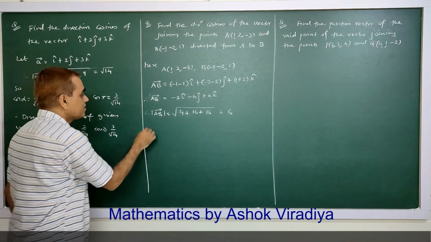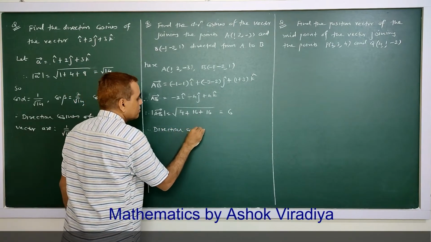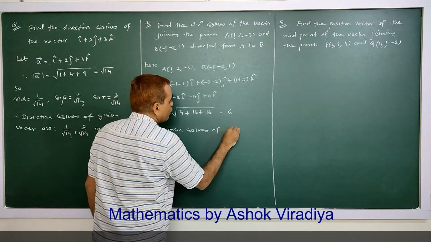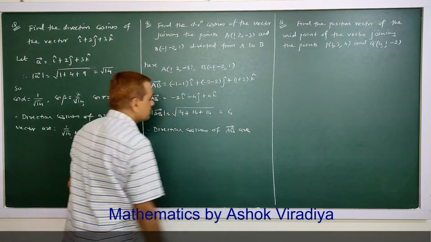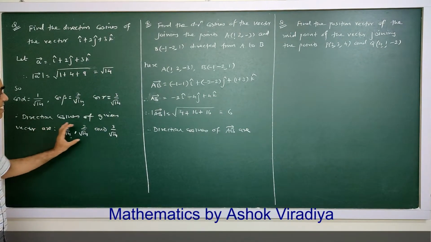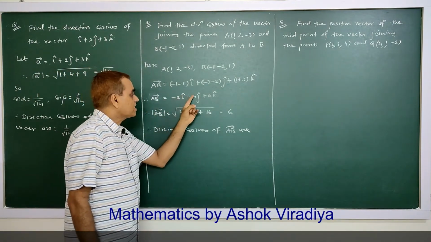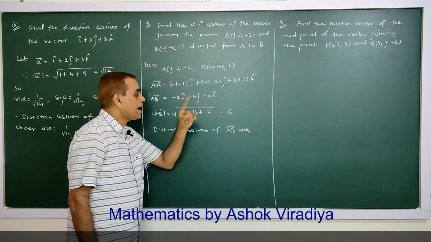So therefore direction cosines of vector AB are, taking this step directly, divide scalar components by the magnitude.